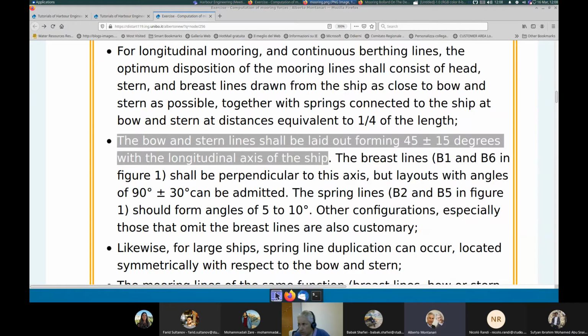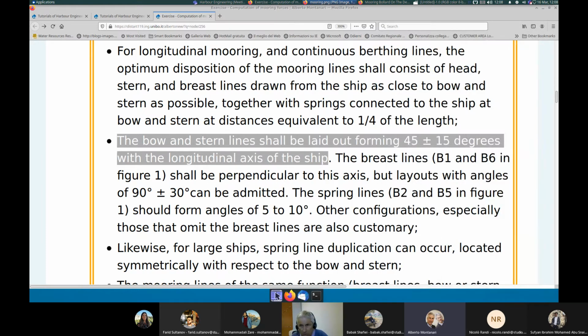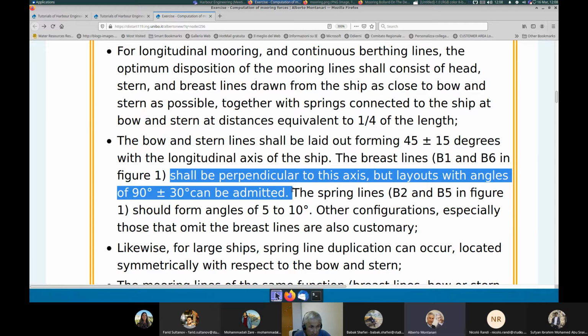Now, let me say something about the breast lines, B1 and B6 in figure 1. They should be perpendicular to the axis. So what axis? The longitudinal axis of the ship, but layouts with angles can be admitted, and in my case, I am indeed using the angle.